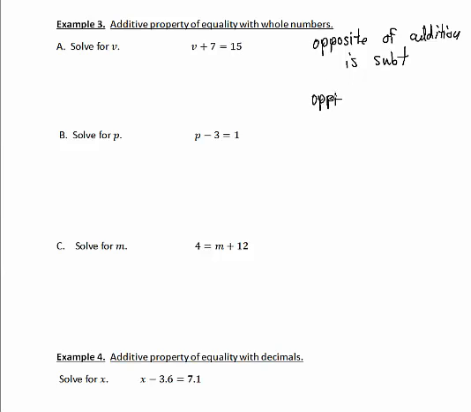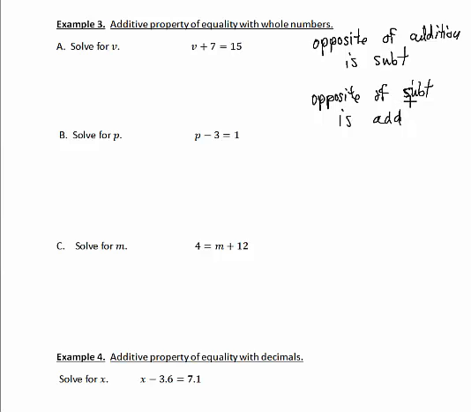The opposite of subtraction is addition. The two operations undo one another as long as I simply add or subtract the same number, which is sort of a different take on what was shown in the previous page.